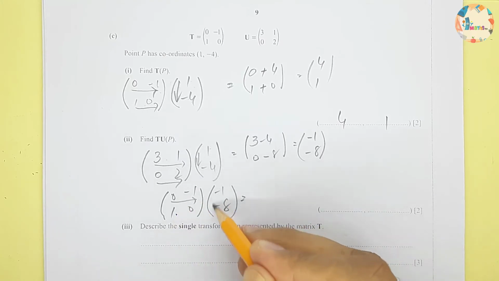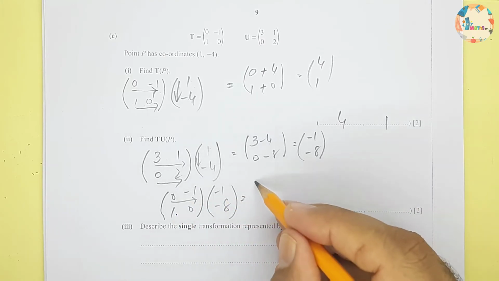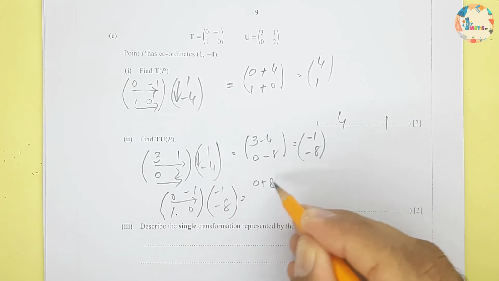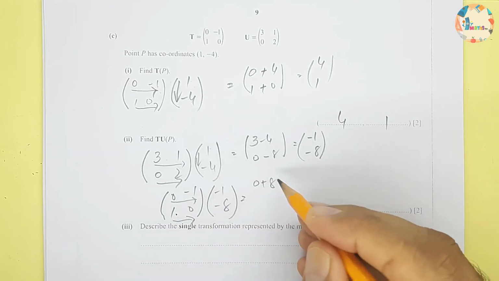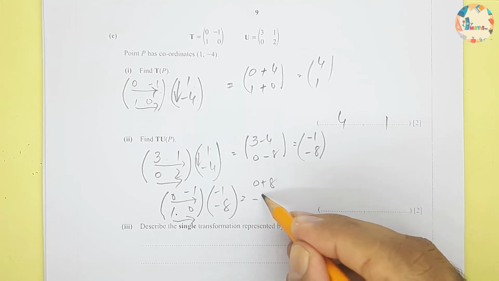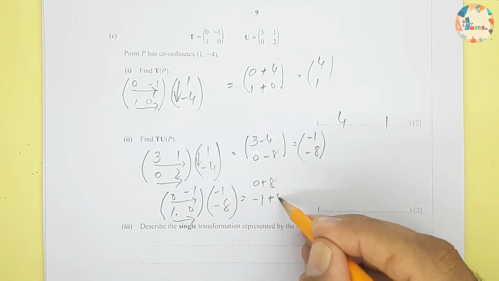This will be equal to, first row first column, 0 plus 8, and then second row first column, -1 plus 0.